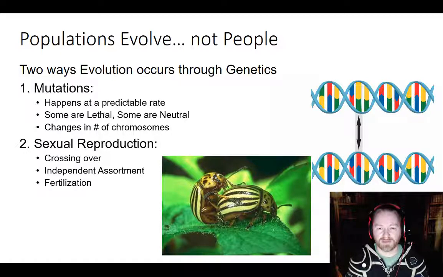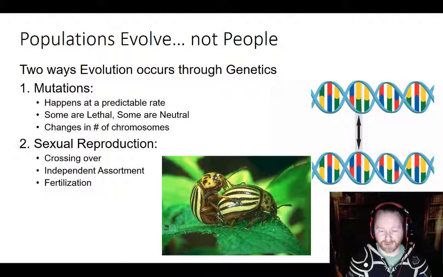But those small differences are not just looks. They could be other features like physiology, anatomy, or things like mental processing power. There's a whole bunch of different traits in all organisms that are affected by this. Each individual that's born has a different survival chance because they're all slightly genetically different.